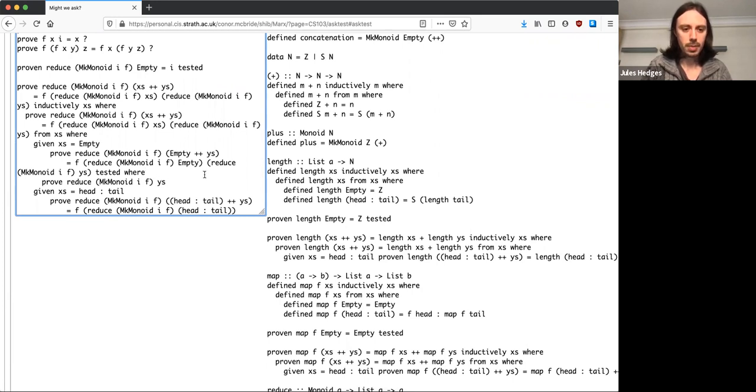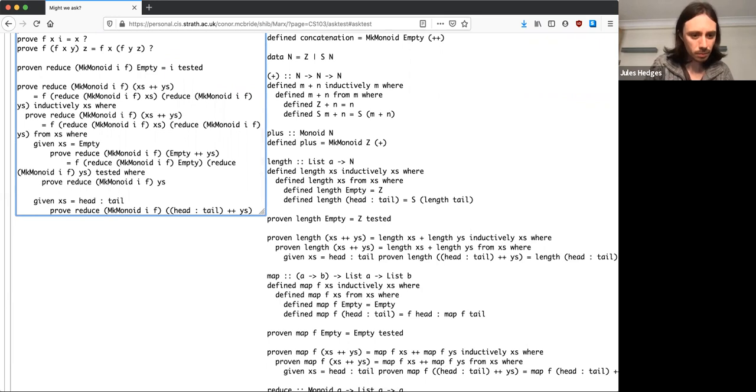This is the thing it gets from simplifying the left-hand side. And then f, I, ys.